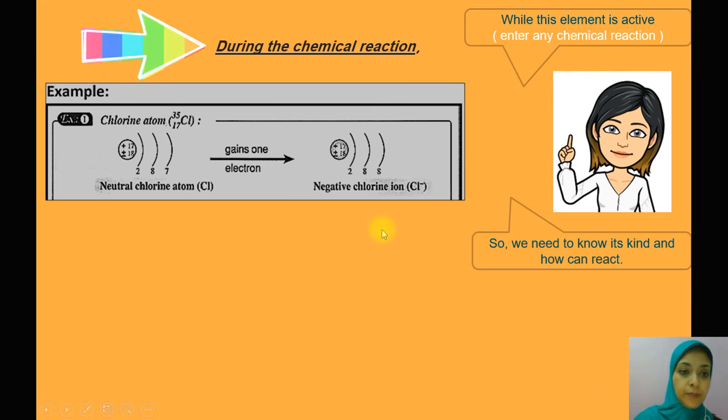For example, we have the chlorine one more time with 17 atomic number. The configuration of chlorine is 2, 8, 7. It will gain electrons. How many electrons? 1 electron. Why? To complete the outer with 8 electrons. So it is increasing the negative charge.